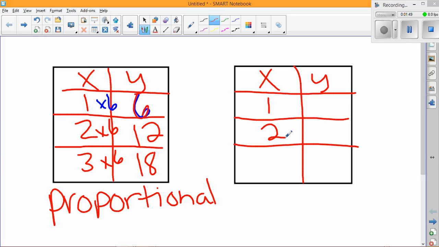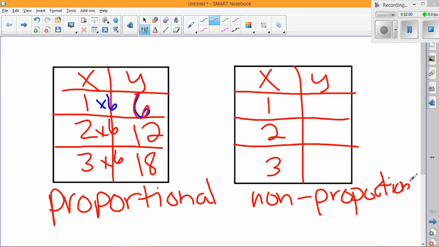Over here, let's say I have this information. This is going to be a non-proportional example. In this example, I look at the first entry and I realize there's a constant, and I can multiply it by 6.